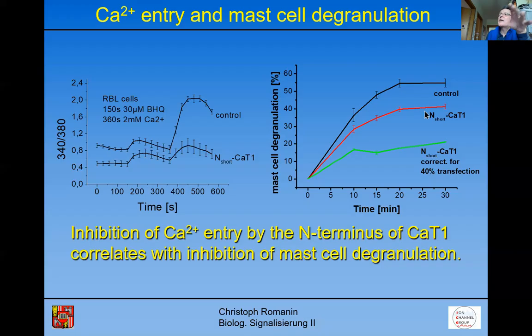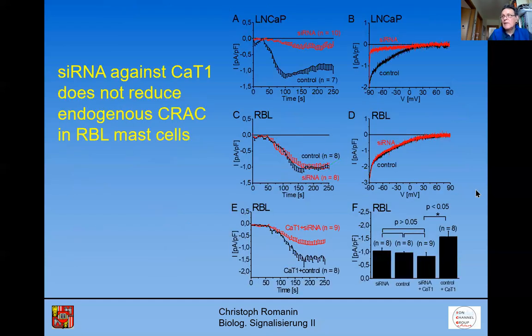But when we correct it only for those cells that have taken it up, meaning the 40% of cells that have the amino terminus transfected, you can see it looks pretty much the same, and we would expect a decrease in the histamine release due to the expression of the amino terminus of CAT1 and the blockade of the calcium influx through these proposed CRAC channels.